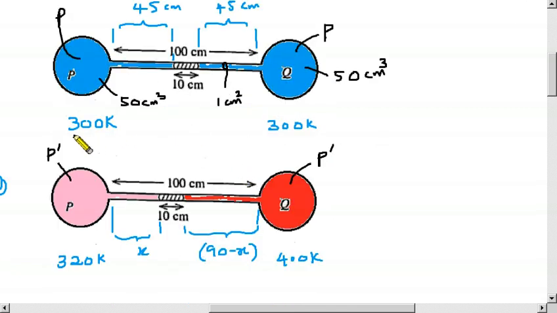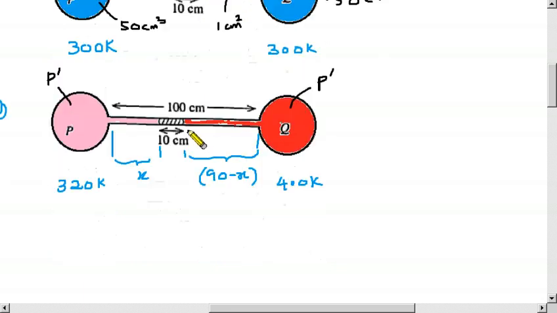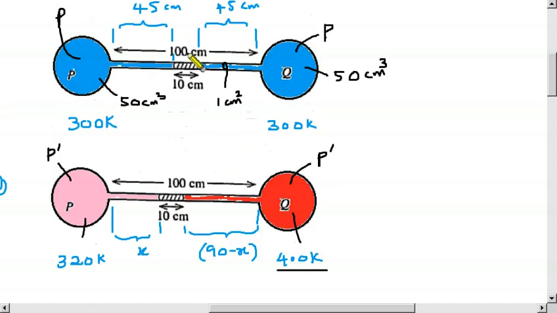The temperatures are 300 Kelvin here and 400 Kelvin here in this bulb, so the right side is greater temperature wise. Therefore the expansion is greater at the right side. Therefore the mercury column moves to the left from the center.